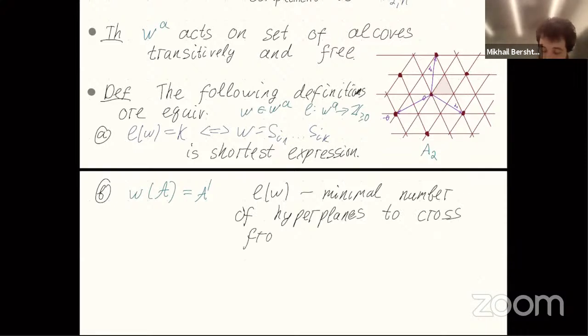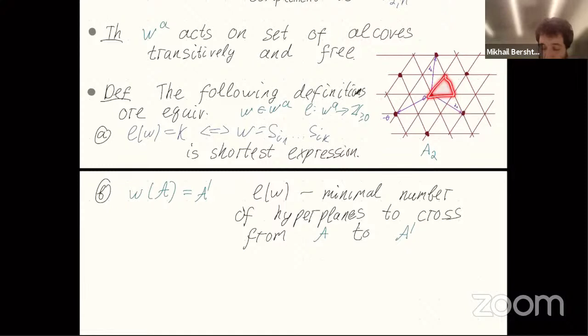So this is our fundamental alcove. If we take any element which moves this alcove to, say, this one, then we consider all paths from this alcove to the other one, and compute how many hyperplanes they cross. And the minimum of these numbers is the length. For example, the length of the identity element is 0 because there are no hyperplanes to cross.